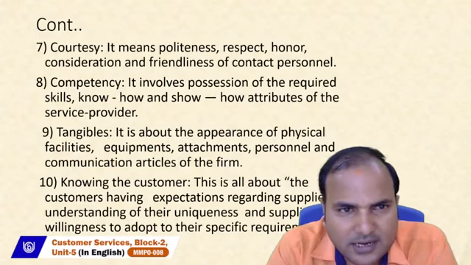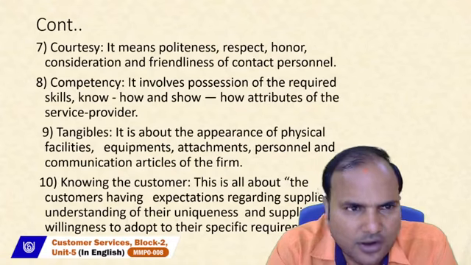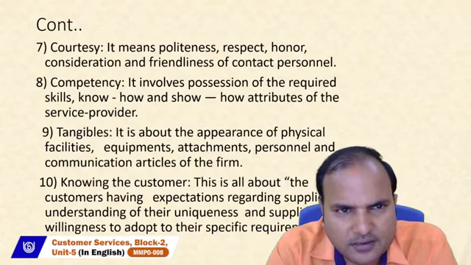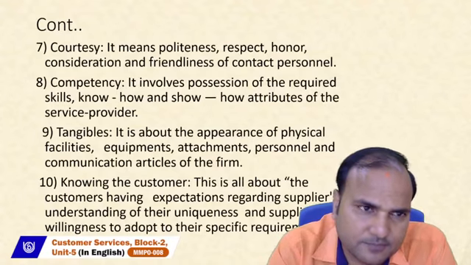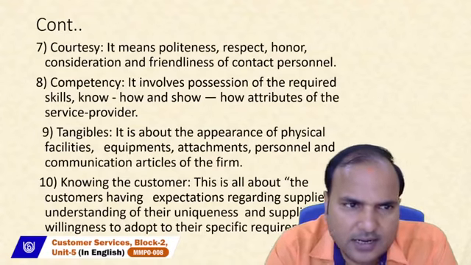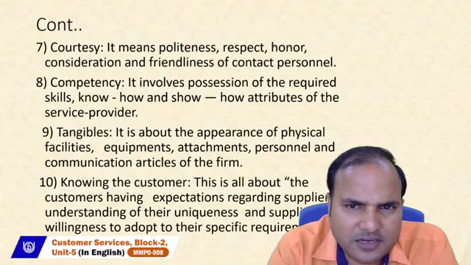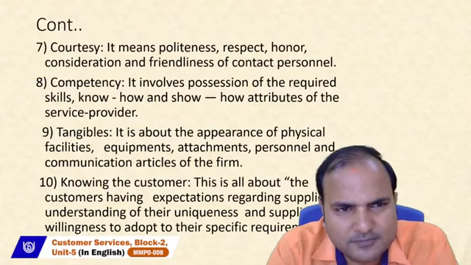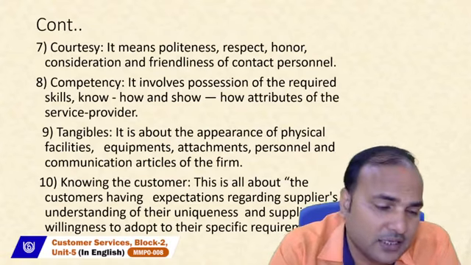What is courtesy? It means politeness, respect, honor, consideration, and friendliness of contact personnel. Next is competency. Competency involves the possession of the required skills, know-how, and show-how attributes of the service provider.